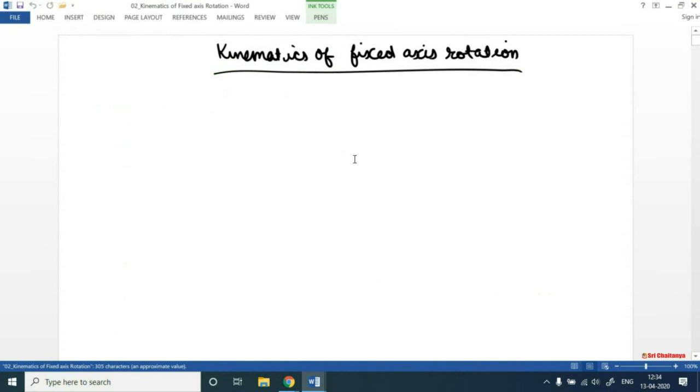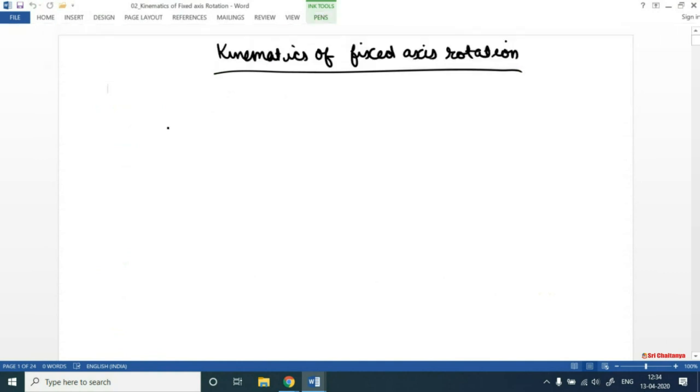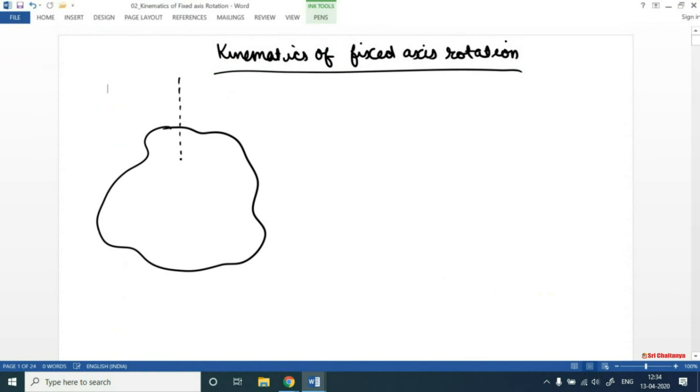So let's start. Let's say we have a rigid body which is moving about a fixed axis.